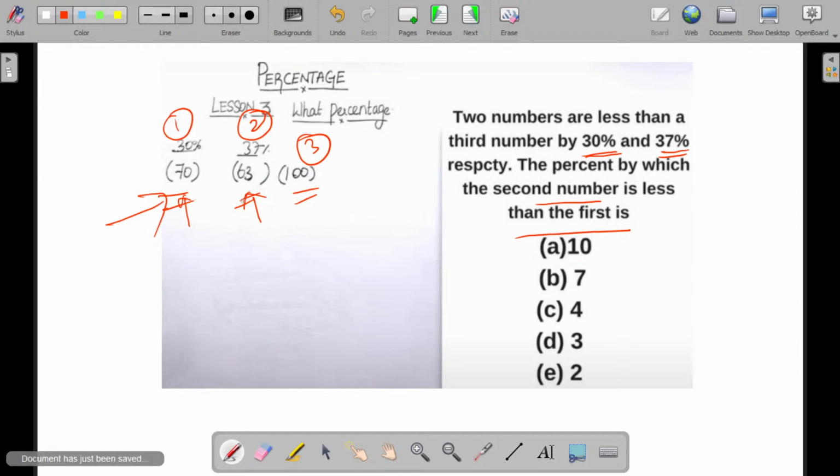So the answer is the percent by which the second number is less than the first number.